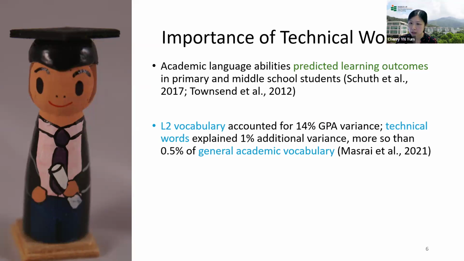And in the context of the bilingual world, we see that technical word knowledge, general academic word knowledge and L2 vocabulary knowledge can be distinct. L2 vocabulary, the general capacity or ability to use the second language, accounted for a large amount of variance in the GPA, in the academic outcome, whereas technical words could explain additional variance.